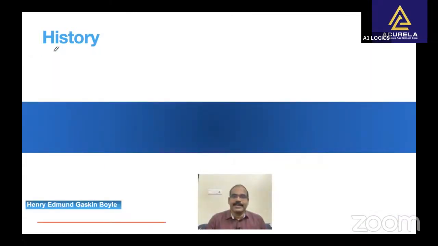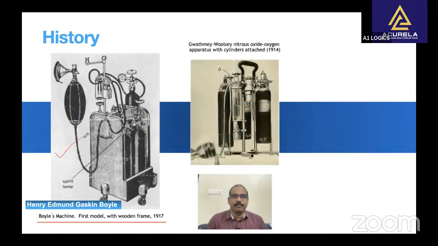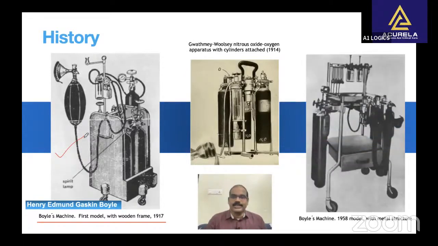In 1917, Boyle developed this anesthetic machine from Gwathmey's basic model and presented it in London at the Royal Society of Medicine in 1918. The original design was composed of a wooden structure in the form of a box which acted as a frame with two transverse bars from which hung the cylinders of compressed gas, 2 of oxygen and 2 of nitrous oxide, an ether vaporizer, and a water flow meter, the bubble bottle from the Cotton and Boothby apparatus.